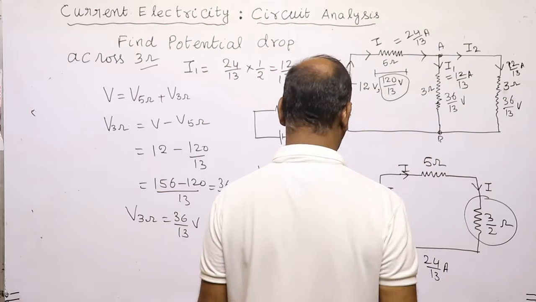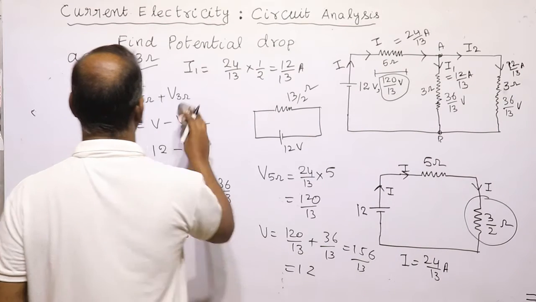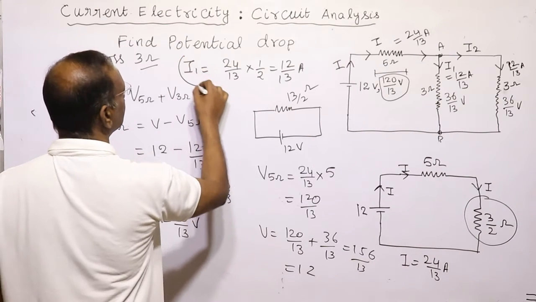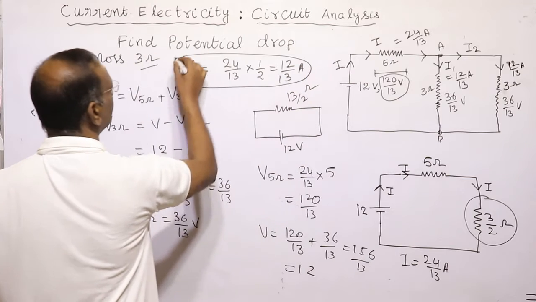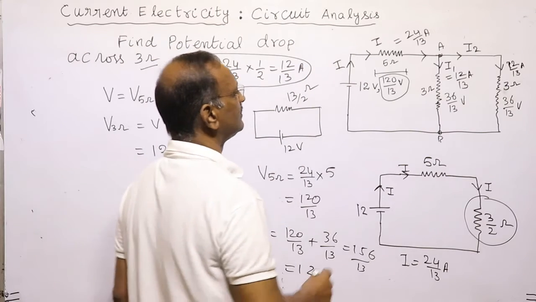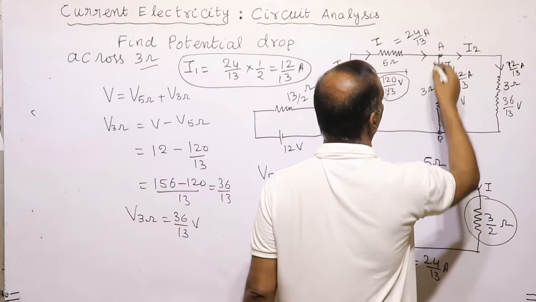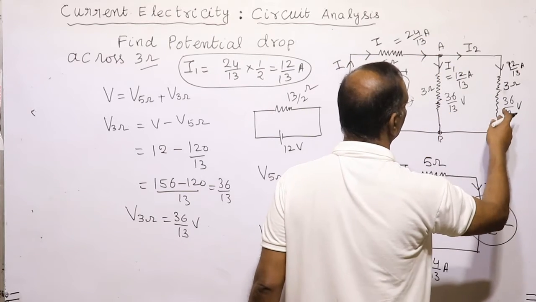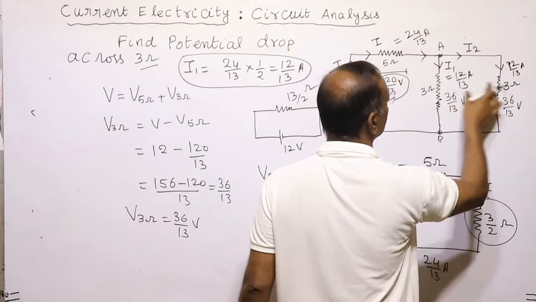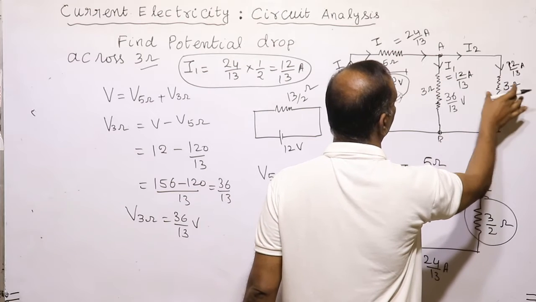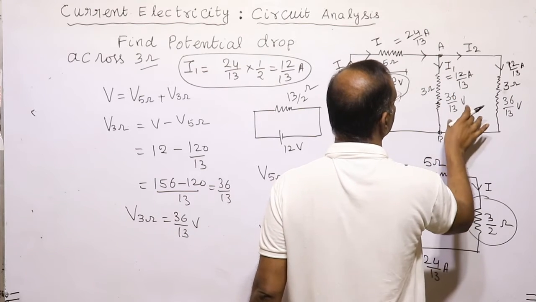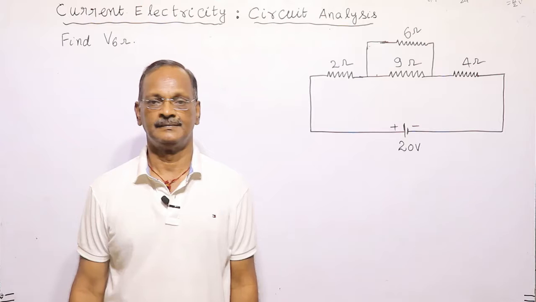The current I1 is also equal to I2, because whatever current is in the 24 by 13, half will flow here and half will flow here, because both are symmetrical.